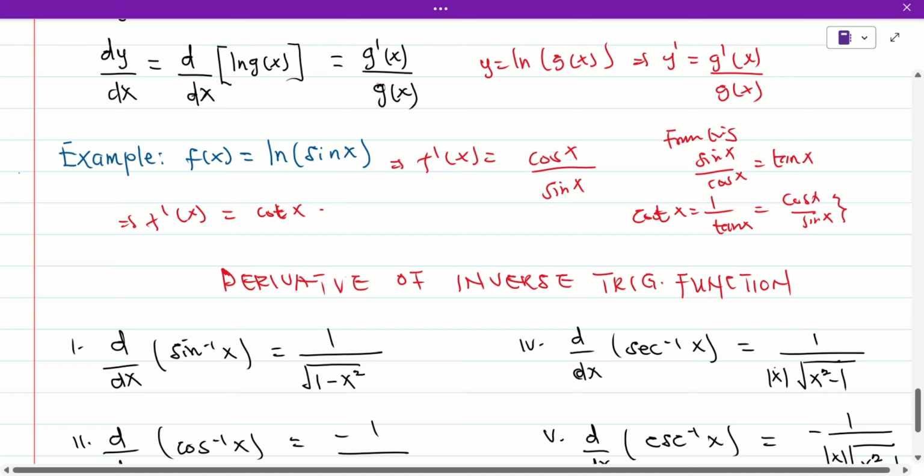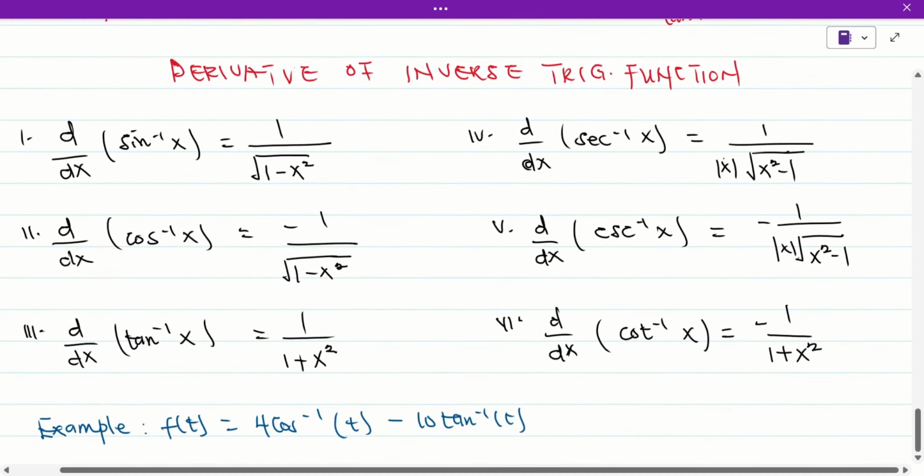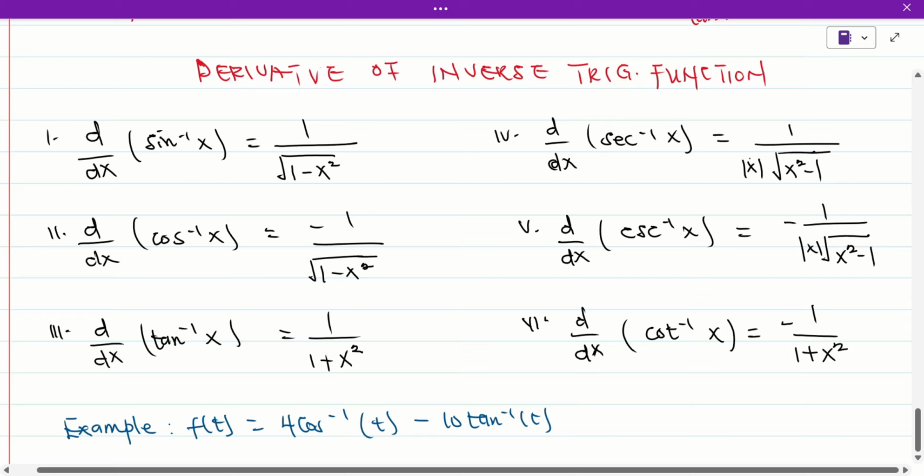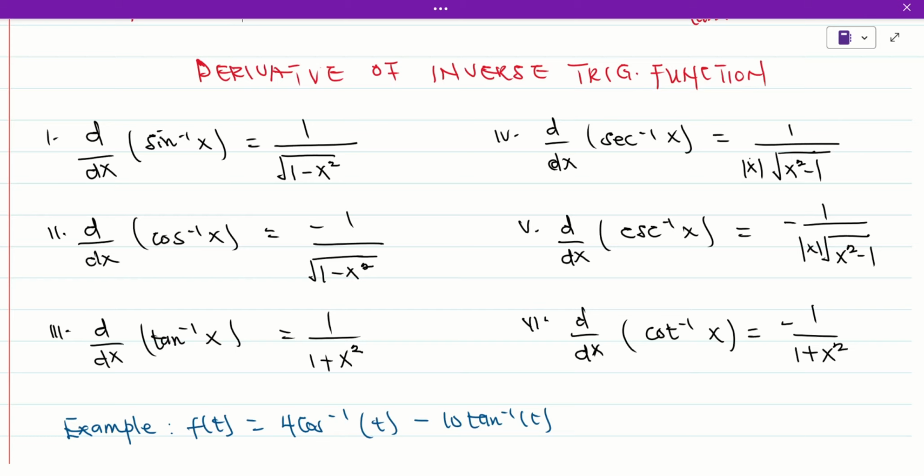All right. So we have the derivative of inverse trig functions, or trigonometric functions. And here, whenever we differentiate the sine inverse of x, we are going to get 1 over the square root of 1 minus x squared. In some books, instead of sine inverse of x, you will see arc sine x. The same thing, okay?